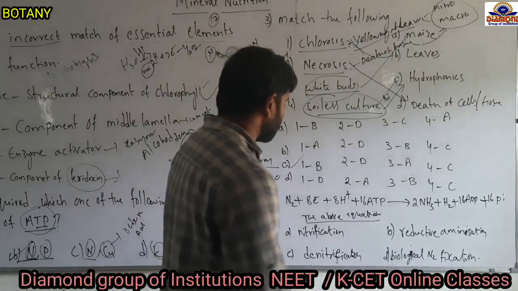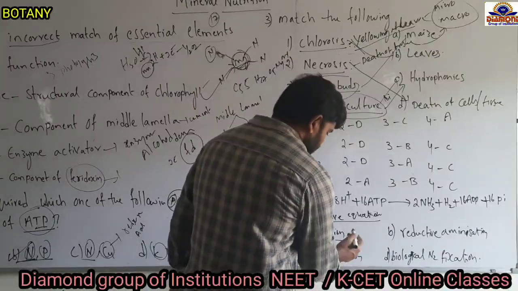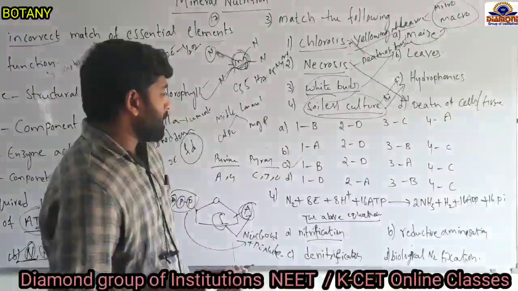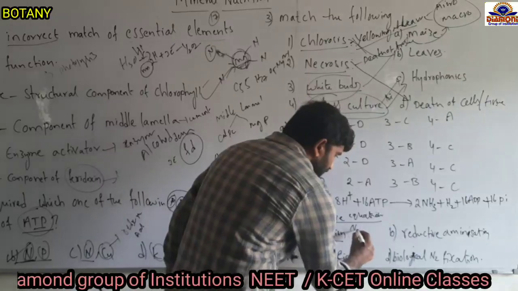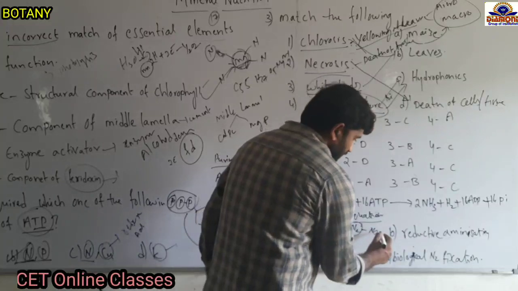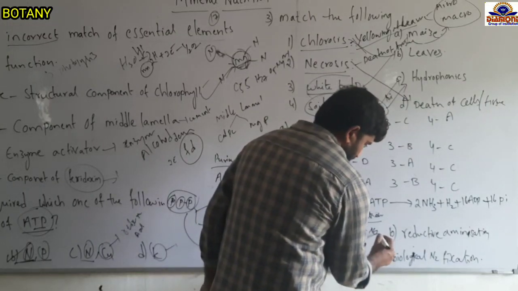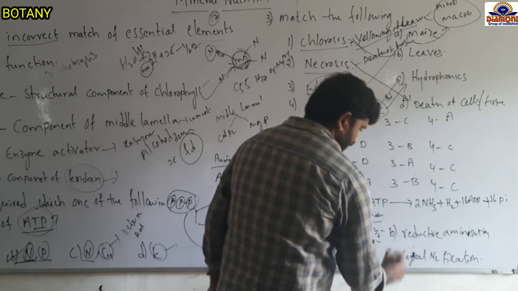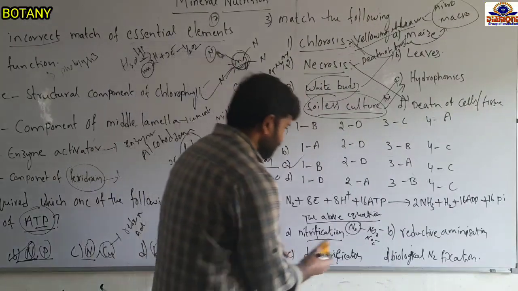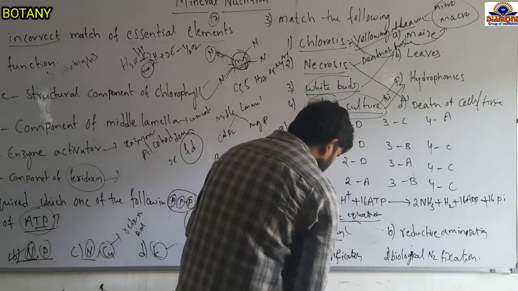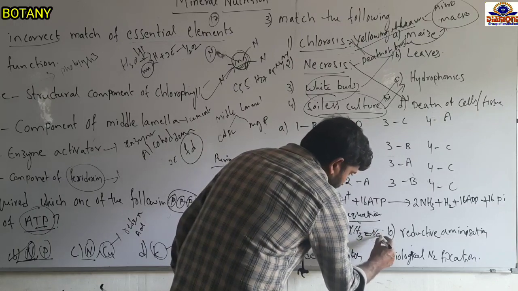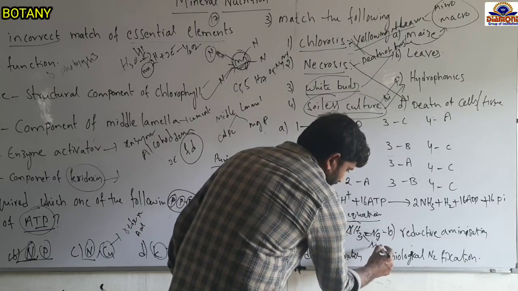So in the nitrogen cycle, different steps are discussed. Those are the different steps of nitrification. Nitrification is a mechanism where ammonia is converted into nitrites and nitrates.